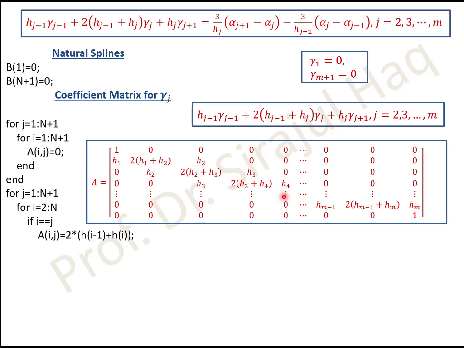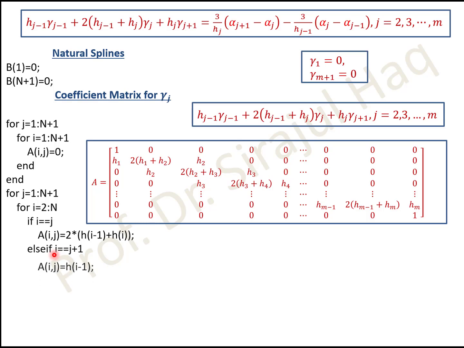So let's see. We have a restriction when i is equal to j plus 1. It means that when j is equal to 1, i is equal to 2, since 1 plus 1 is 2.